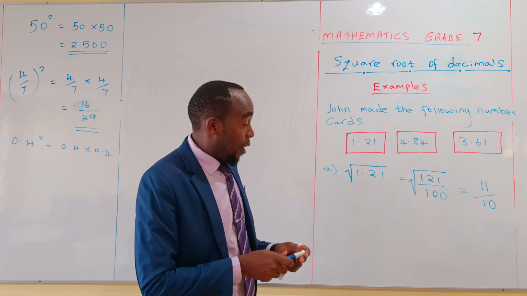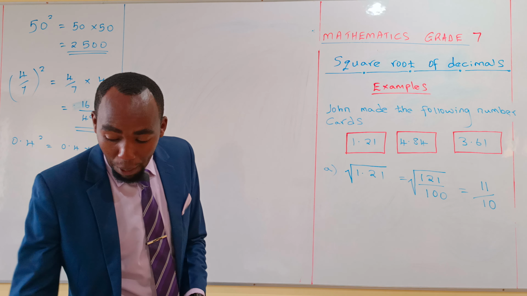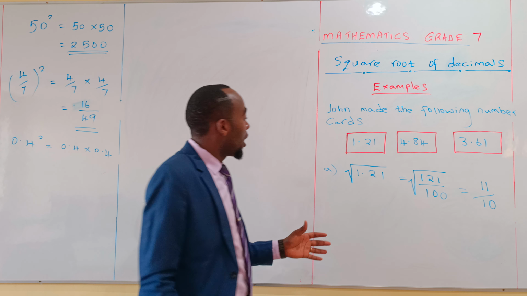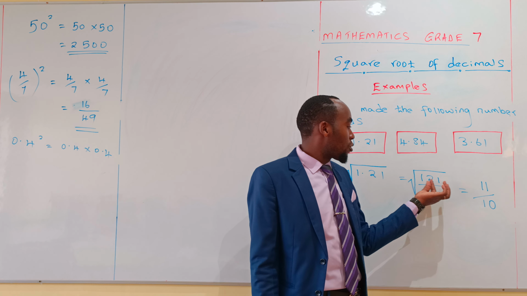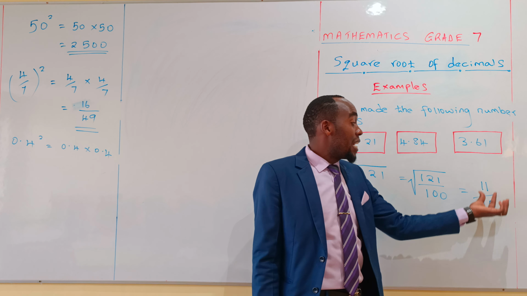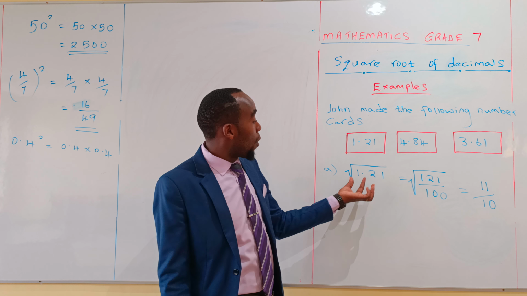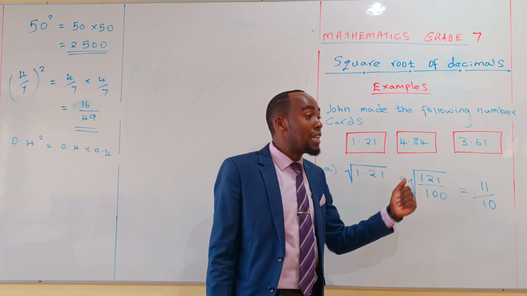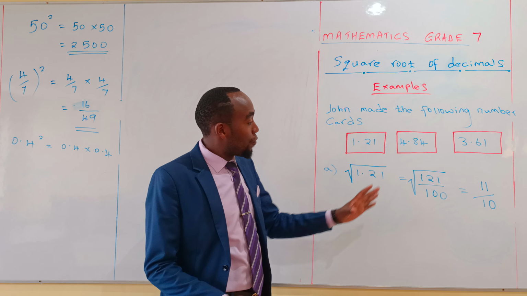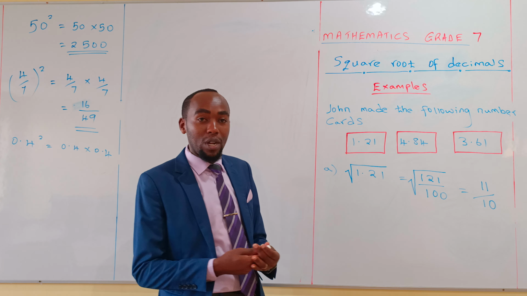Very good. Now, after getting to that particular point, we have already found the square root of our fraction. That is, the square root of 121 over 100 is 11 over 10. But because our number was in decimal form, we have to convert 11 over 10 into a decimal.